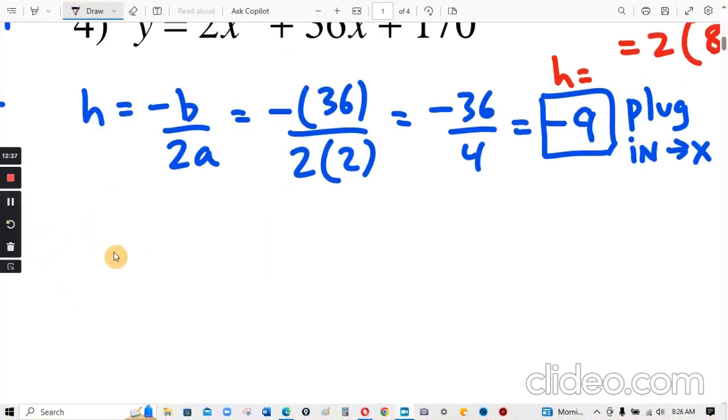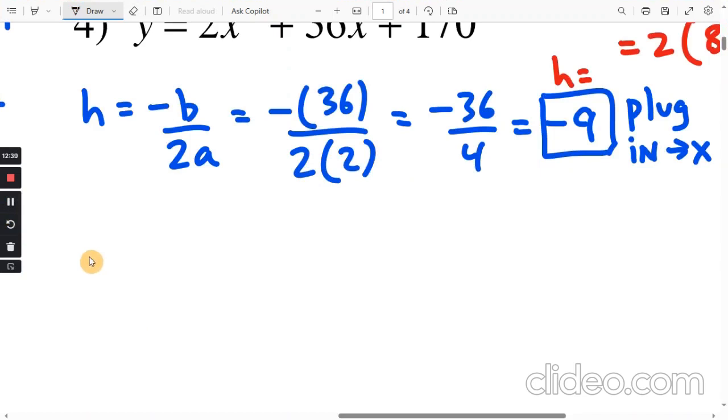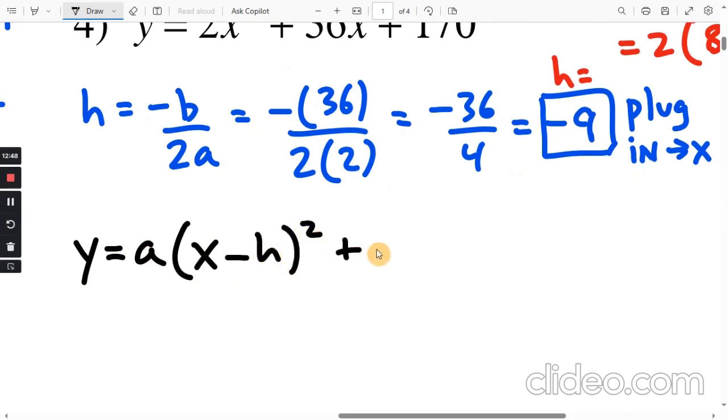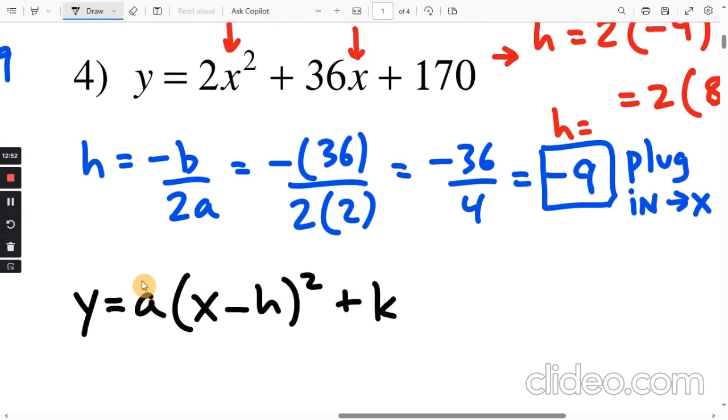So in vertex form, it's going to be in the form of y equals a times x minus h squared plus k. Now in order to write the equation, just like last time, we plug in for a, we plug in for h, and we plug in for k.